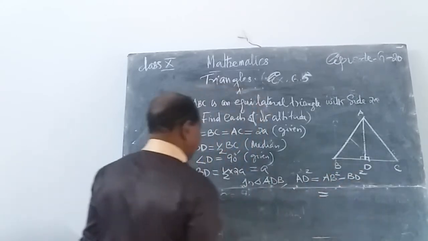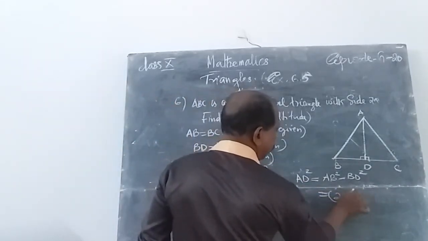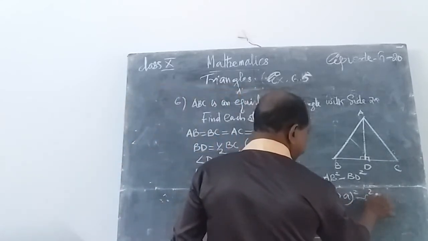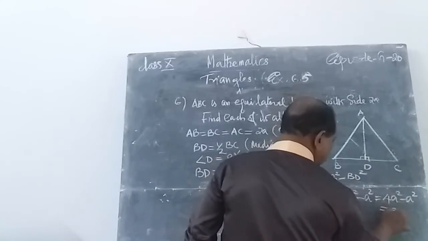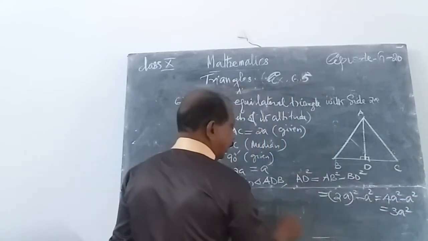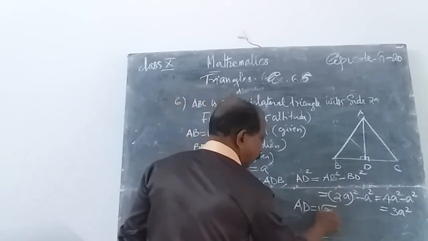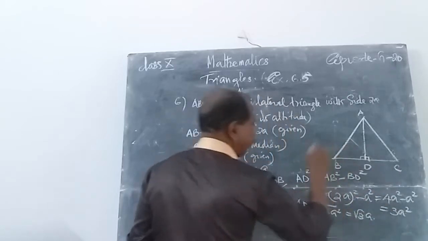What is AD? 2A. That is 2A the whole square minus BD, that is A the whole square. Is equal to 4A square minus A square is equal to 3A square. Therefore, AD is equal to root 3A square, that is equal to root 3A.